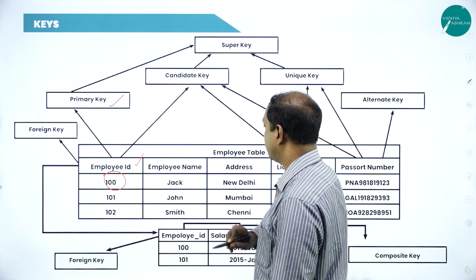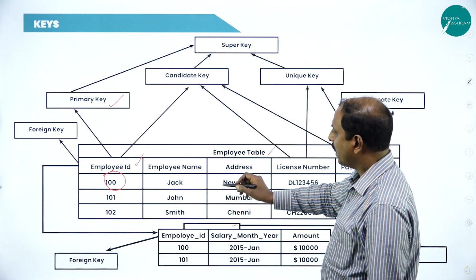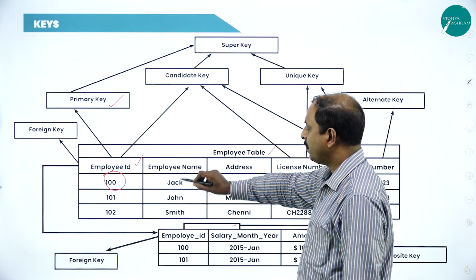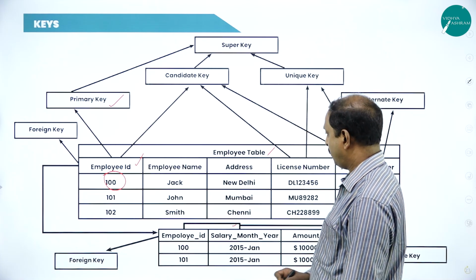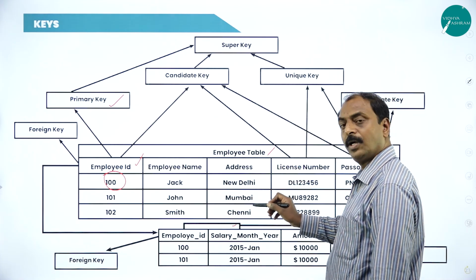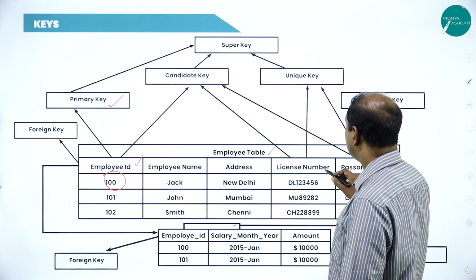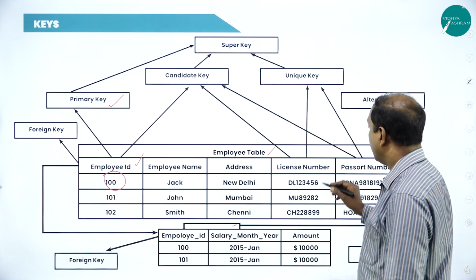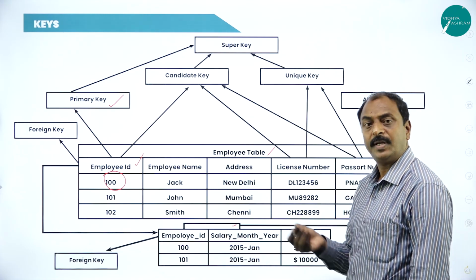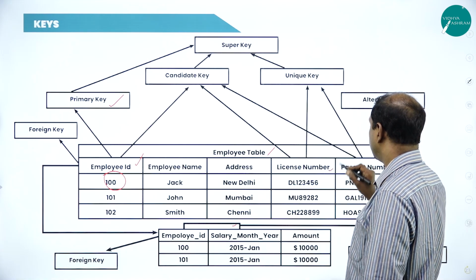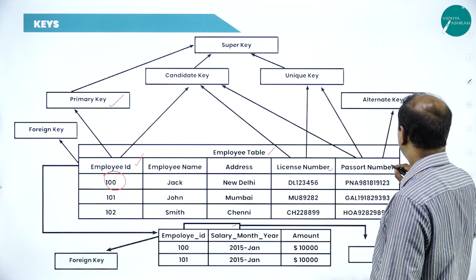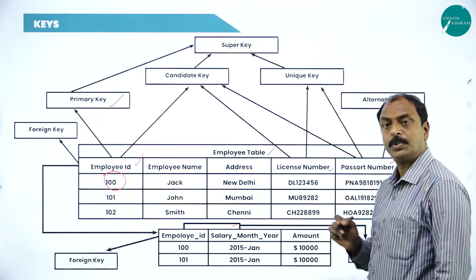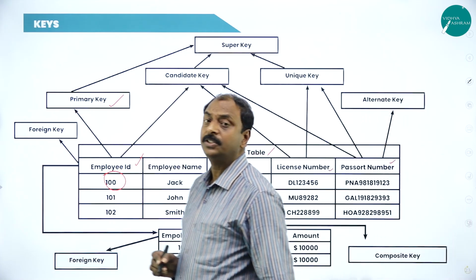Now look at this example here. Besides the primary key, the employee name may or may not be the same. Even address may or may not be the same. And if you look at license number, the license number of any person is unique in nature. Similarly, even the passport number of any person is unique.